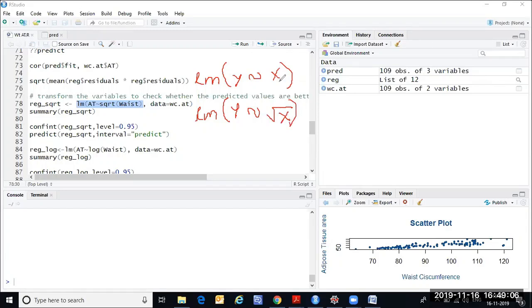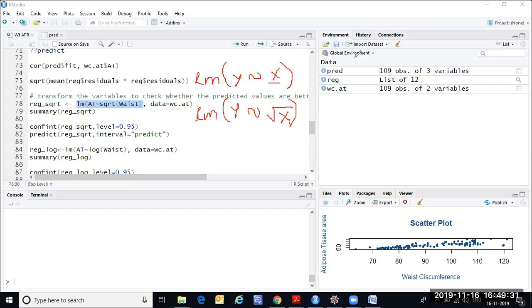Because we know that the input data is not normally distributed. If the data is not normally distributed, then we can make use of transformation techniques to convert this non-normal data into normal data. That's why we try different transformation techniques to see which one gives the best result. Am I clear?